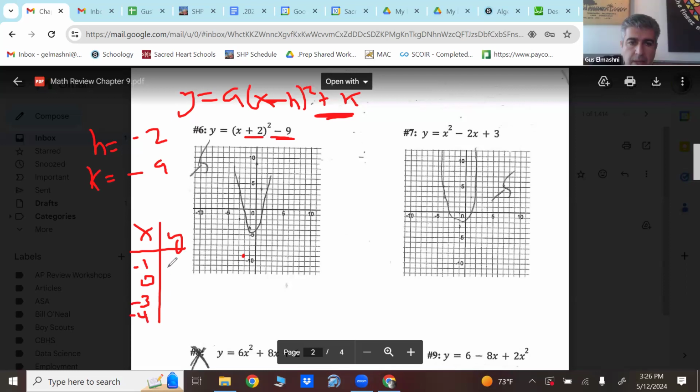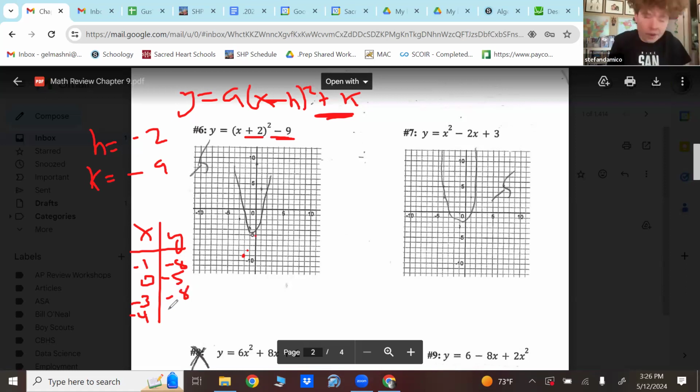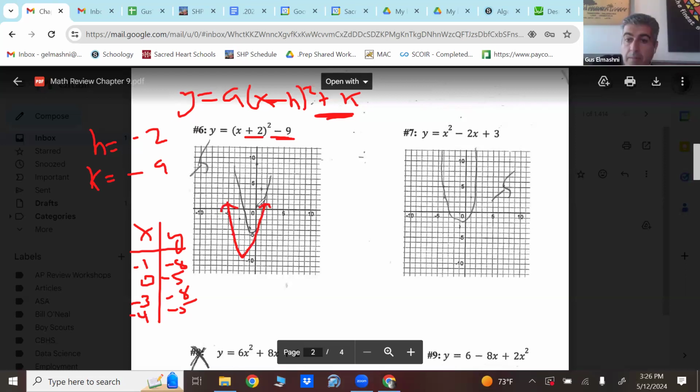So I should get -8 or -5. So there you go.